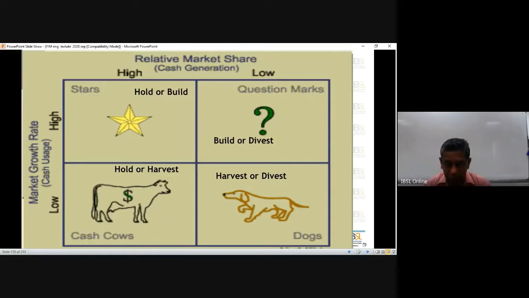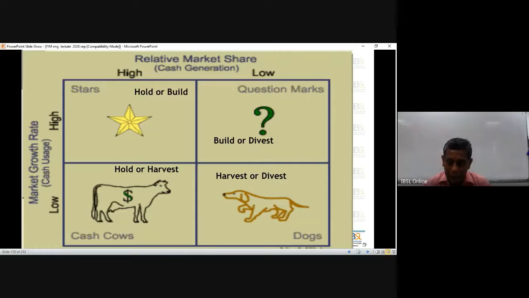BCG means, based on your product portfolio, the relative market share and the market growth, divided into four quadrants: question marks, dogs, cash cow and stars. Depending on the position of your product, you can take different strategies.